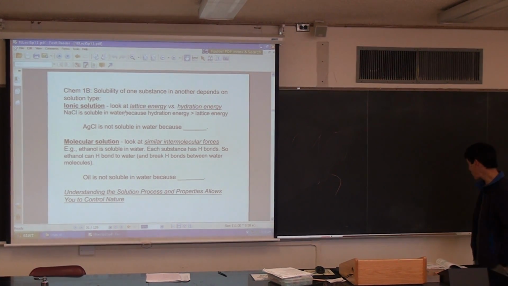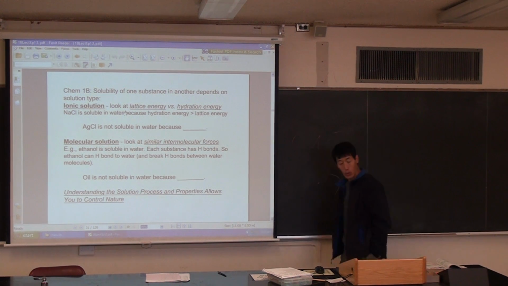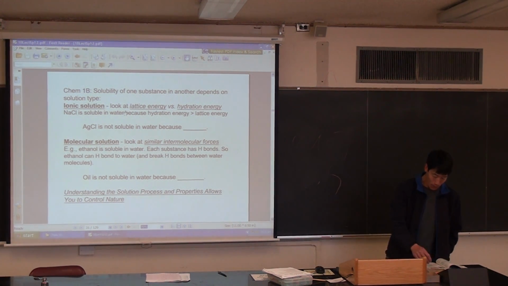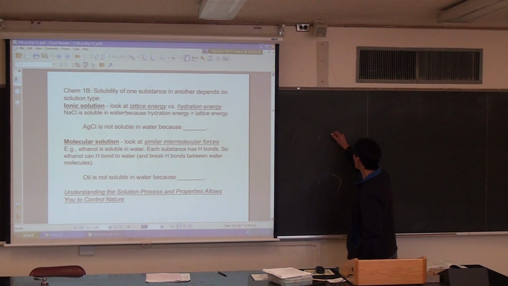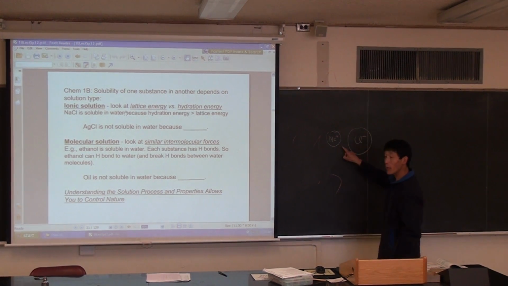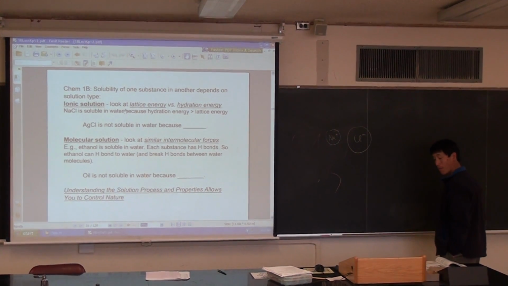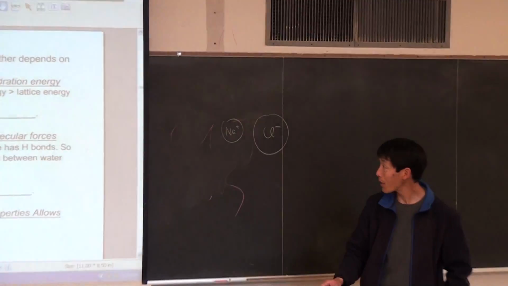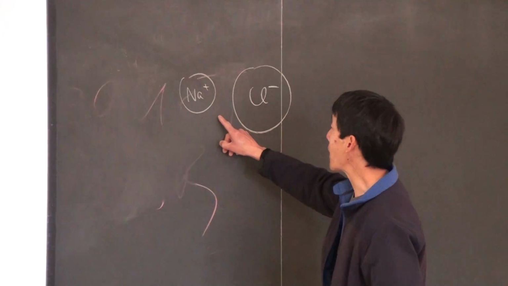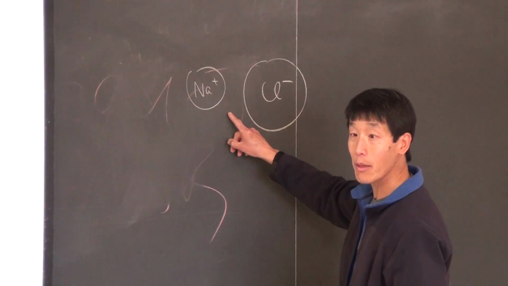Lattice energy is the amount of energy required to break the ionic bonds in an ionic solid. So if we have, for example, the sodium ion and the chloride ion, these are held together by what chemical force? Yeah, ionic bond. So lattice energy is the energy required to break that ionic bond.